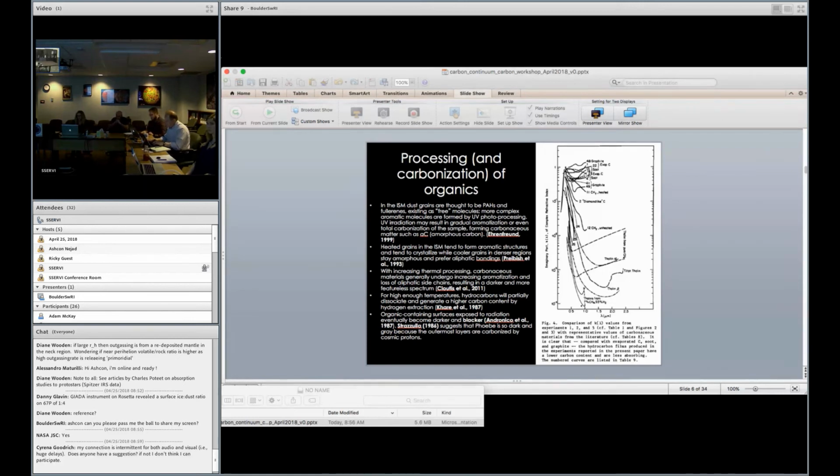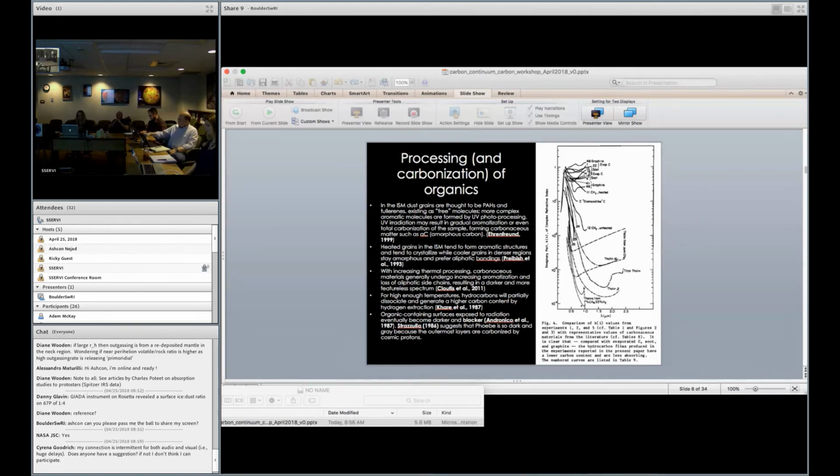And what Kare noted is that with high enough temperatures, hydrocarbons will partially dissociate and generate a higher carbon content by hydrogen extraction, so just loss of hydrogen. And then more related to our solar system is work by Andronico and Strazzulla, talking about organic-containing surfaces being exposed to radiation and eventually becoming darker and blacker, really related to this plot on the right here.